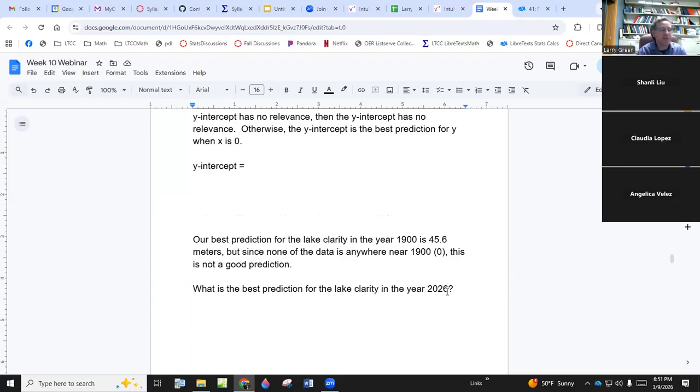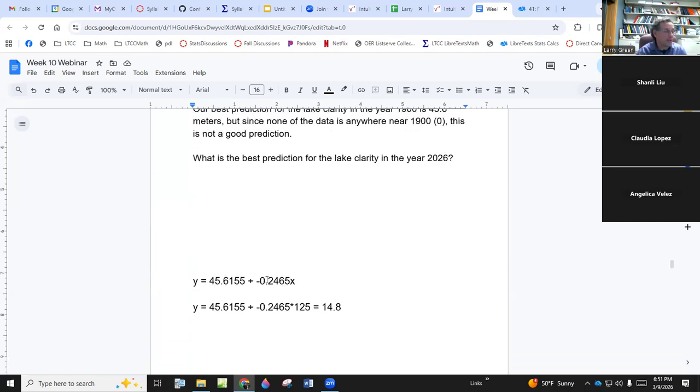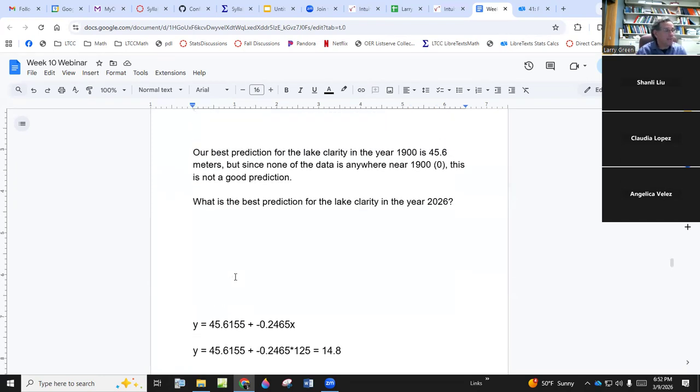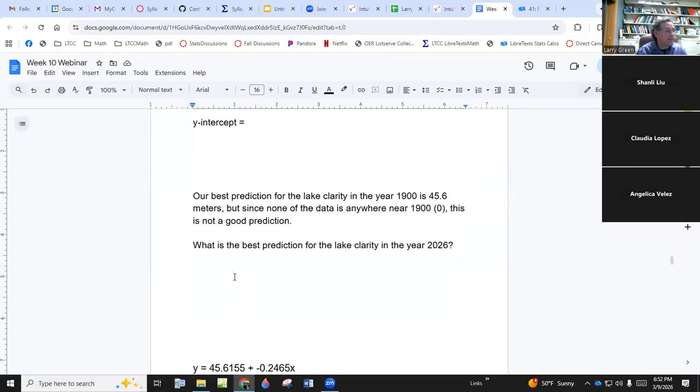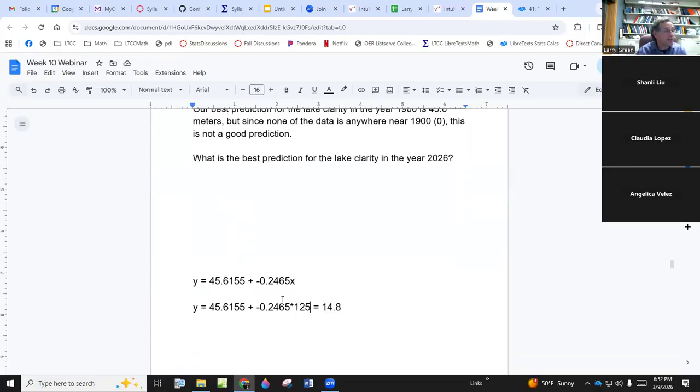That's where the regression line helps us out. 2026, by the way, is 126 years after 1900, because our 0 was 1900. So what we can do is pop 126 into the equation.